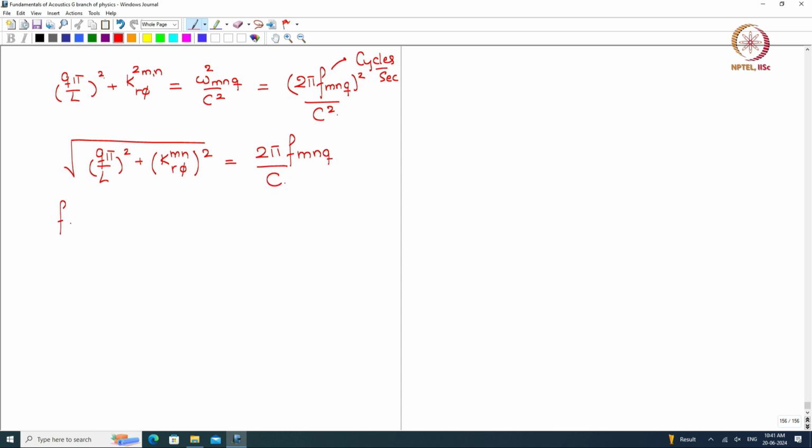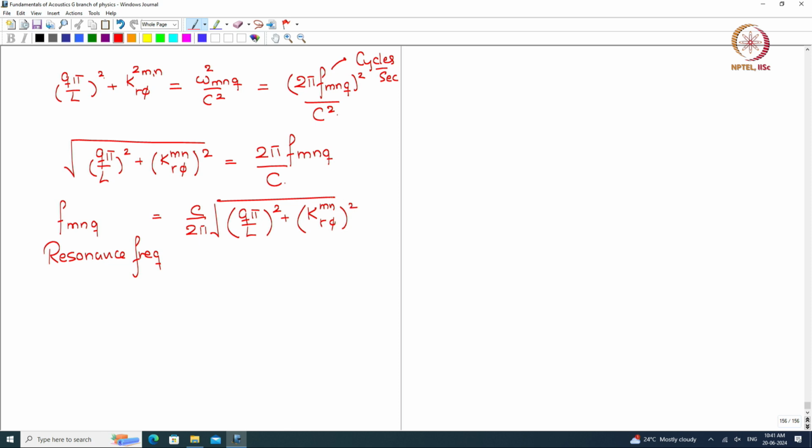So f mnq, which is the resonance frequency of the mnqth mode, is equal to c by 2 pi square root of q pi by L whole squared plus k mn r phi whole squared. Okay.